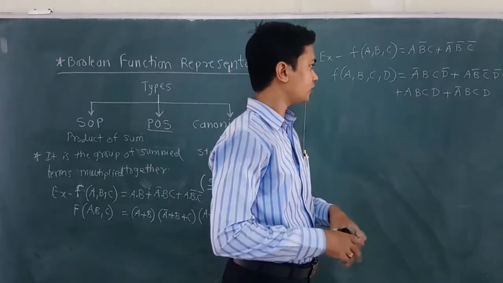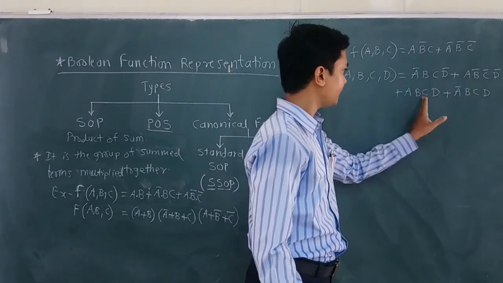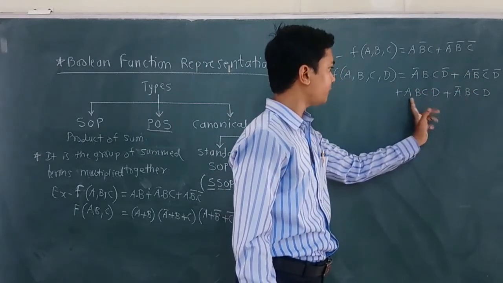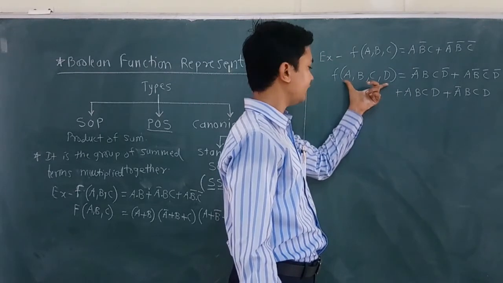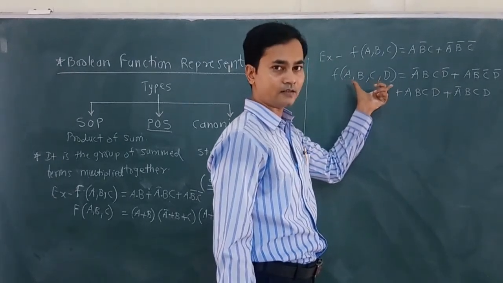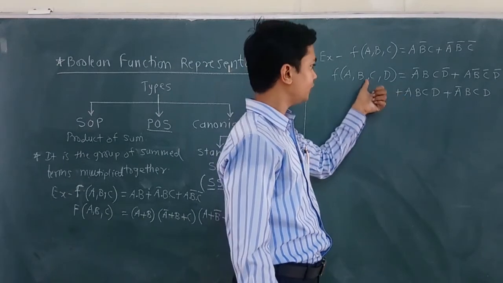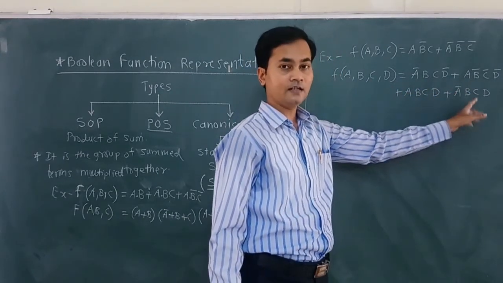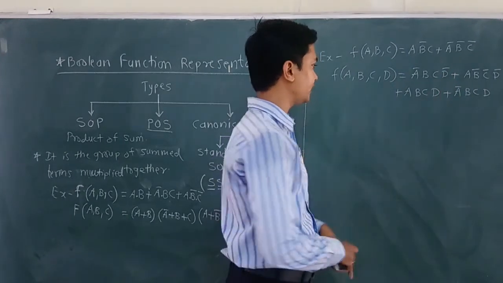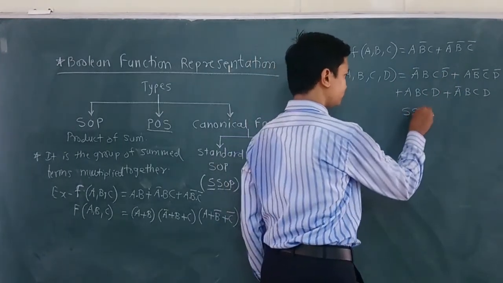Why? Because each product term has all the variables. Here the function is of 4 input variables, that is A, B, C, D, and all the variables are available, so that's why we can say that this is standard SOP form.